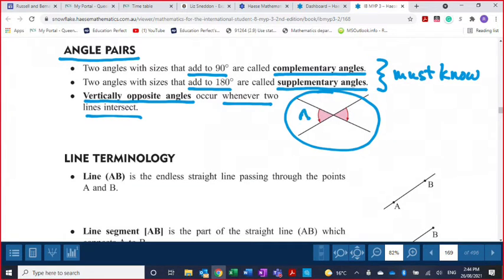So here, if I call this one angle A and this one angle B, because they are straight across from each other, they are called vertically opposite angles. Okay? So, and often just called opposite angles, but vertically opposite is the proper term. And you'll see in a moment we're going to be using those ideas quite a lot with opposite, adjacent, etc. Okay? So those are the first three.